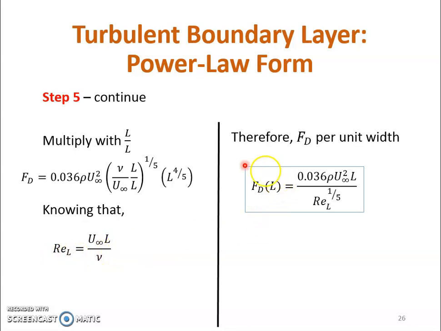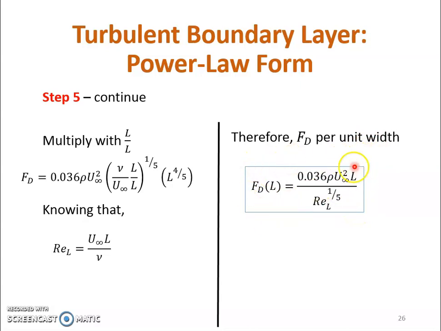Then we can rearrange and simplify the equation of the FD into this expression here. We introduce this because we want to express it in terms of the Reynolds number. Here we have another L to the power of 1 over 5, so we can take it out, so it can be multiplied with this expression out here, so it can just become the L. So it's just simple math. So we can get the FD, or the drag force per unit width, with this expression.